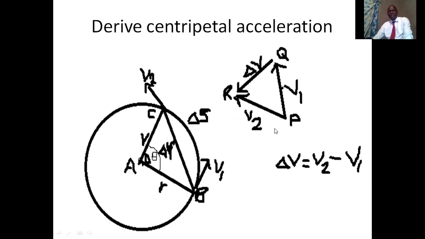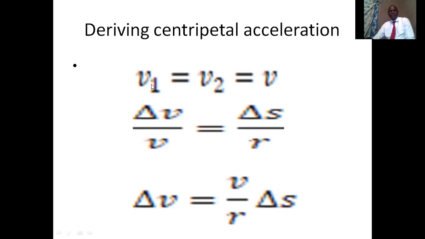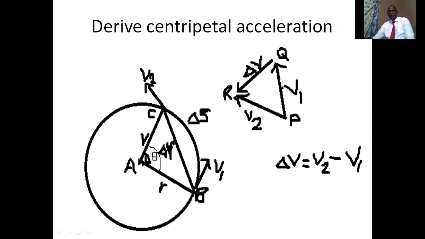What we are saying is V1 is equal to V2, which is equal to V. So the tangential velocity can be stated as V, because the lengths are the same.